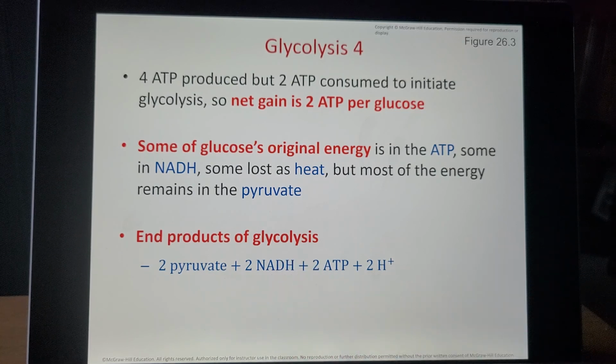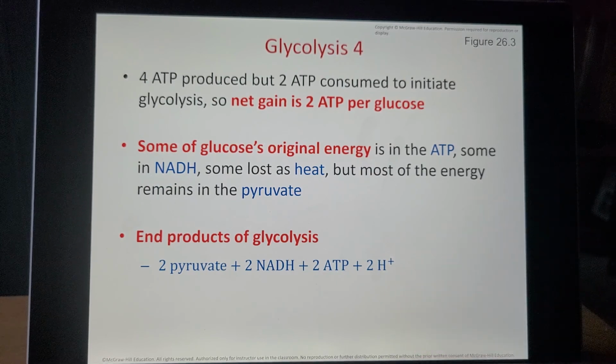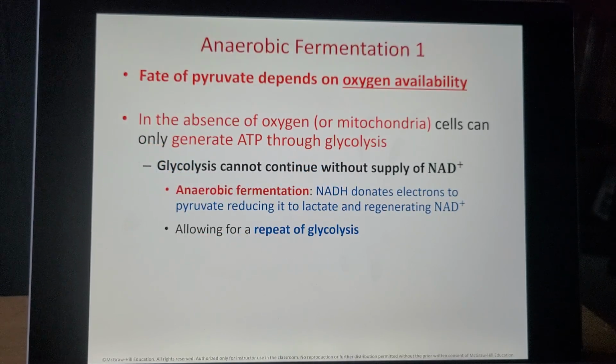And then we also have these 2 hydrogen protons that are just hanging out by themselves. And then we're still left with our 2 pyruvate molecules. So we still have a lot of energy stored in all these different molecules and have barely made any ATP.